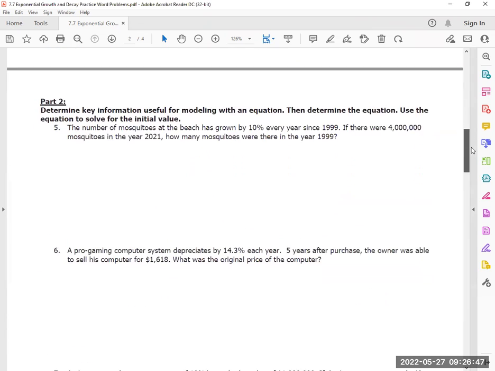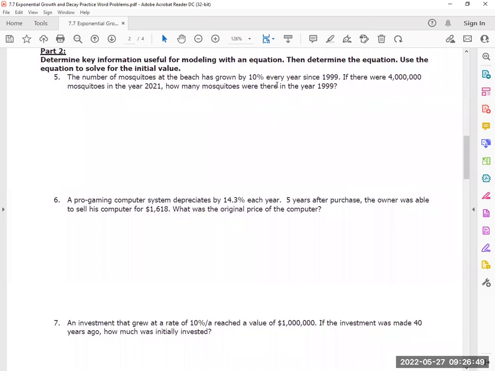Take a look at part 2. It's a slightly different variation, but the same equation, right? I'm not going to say anything. I'm not even going to read this. Instead, I'd like you to sort of discover, because this might happen on a test as well. Read the question. Are we talking about a growth here or a decay? Brendan, Cameron, follow along with me.